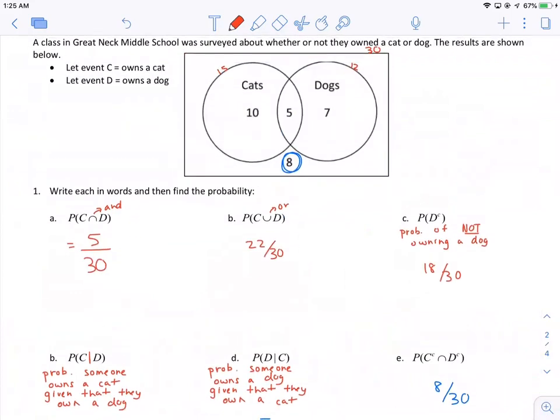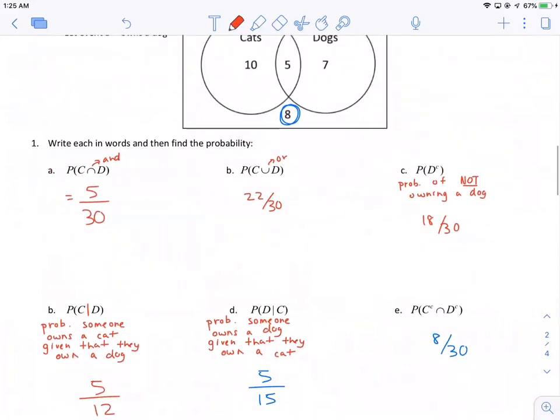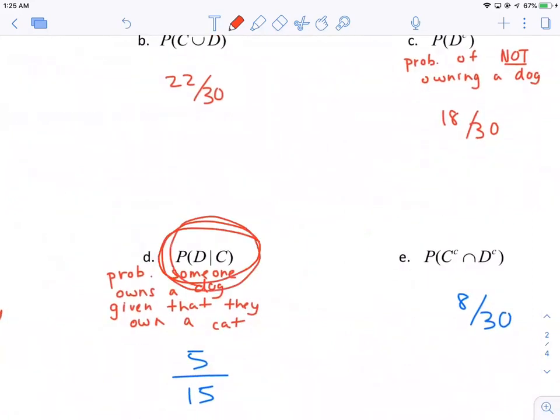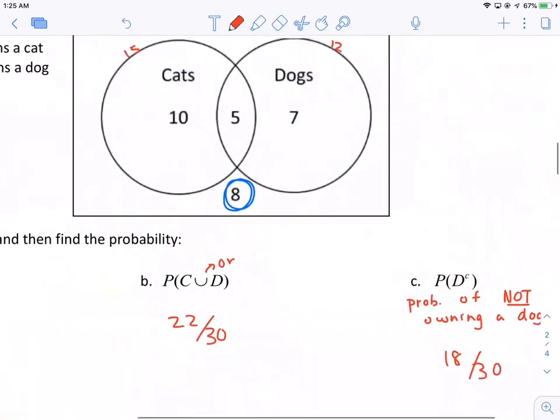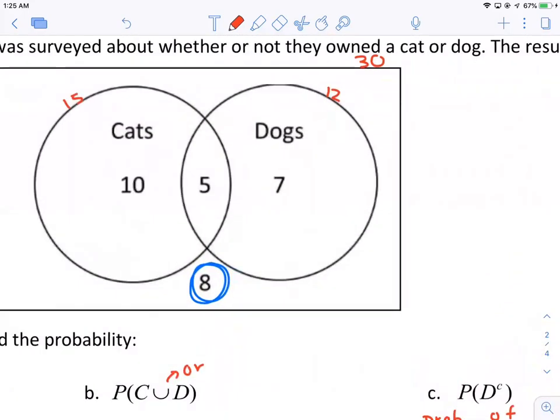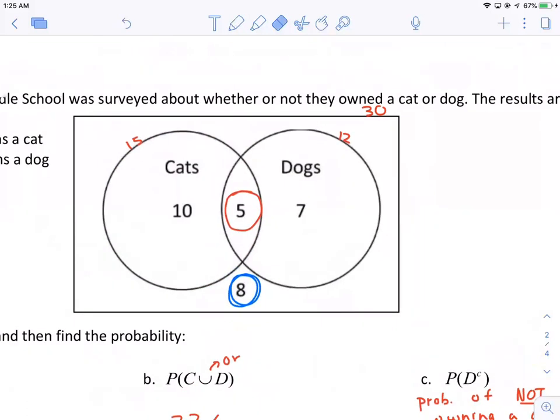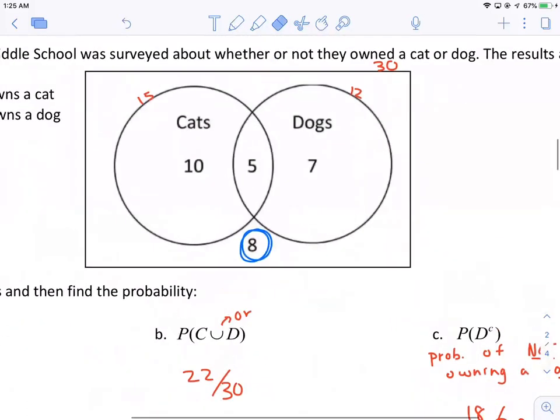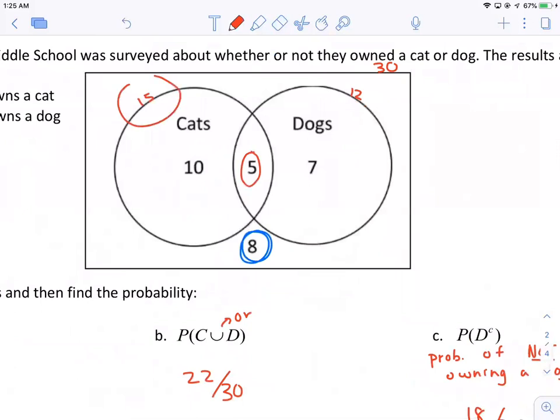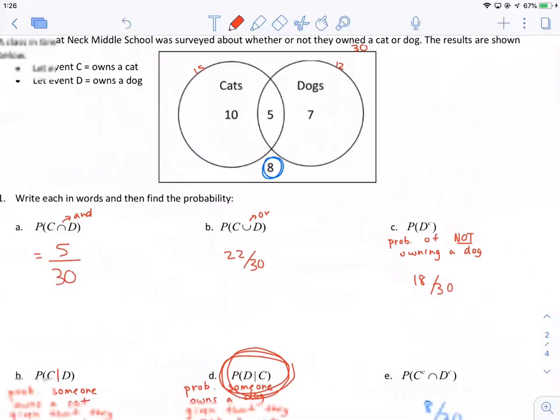So for example, in this case, I dealt with frequencies. Probability of D given C was the probability of having a dog given that you had a cat. So out of the 15 people that had cats, 5 had dogs. So we used frequencies here, and that was 5 out of 15. The same thing would work if all of these were percentages. We could just set it up with the percentages, and we get the same result.